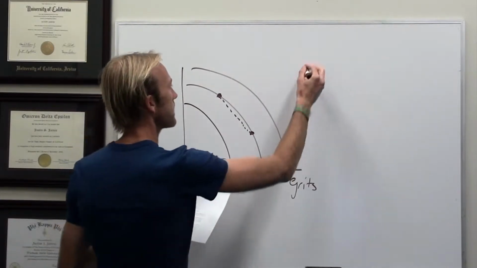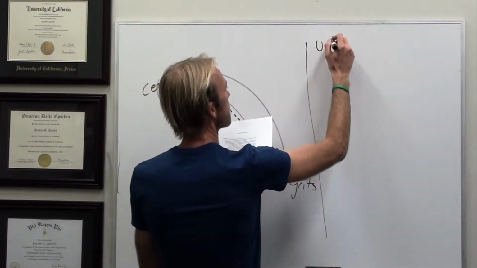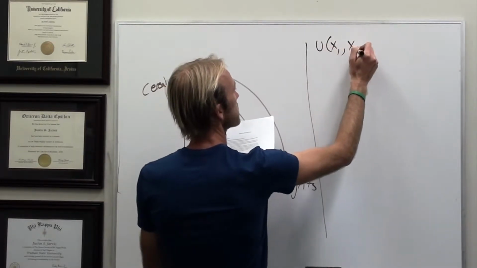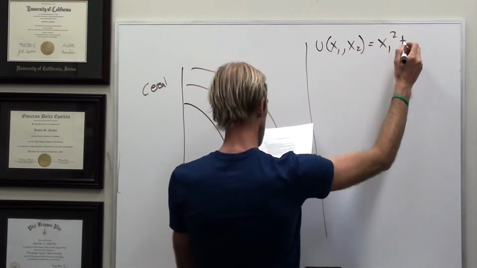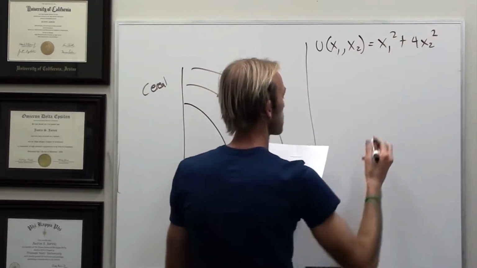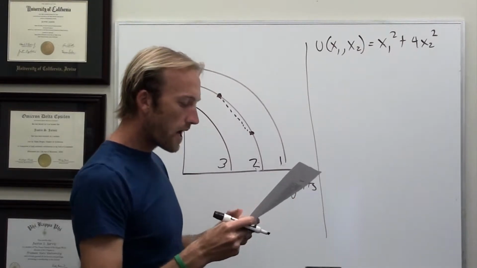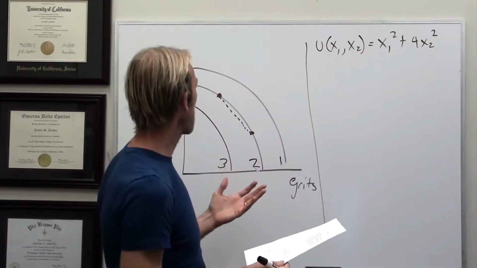Okay, now let's look at this mathematically. Suppose that we represent this with a utility function that looks like x1 squared plus 4x2 squared. Okay, could this utility function represent the tastes I graphed in part A above?